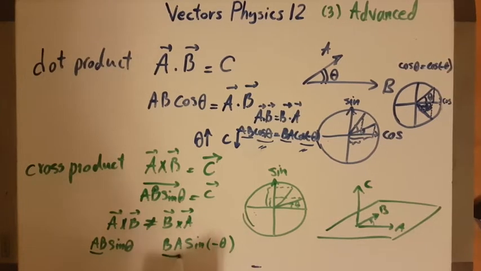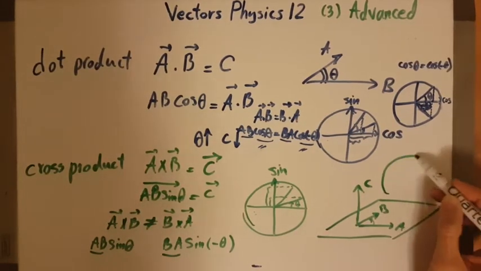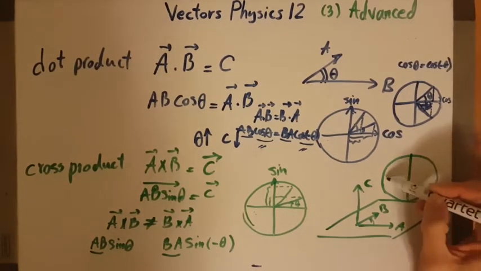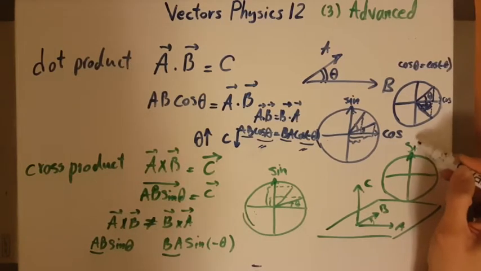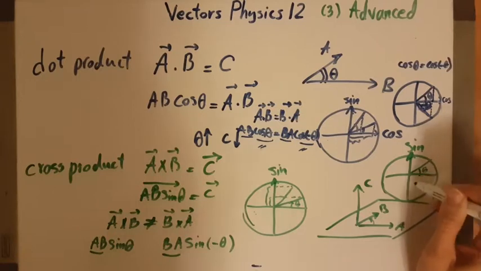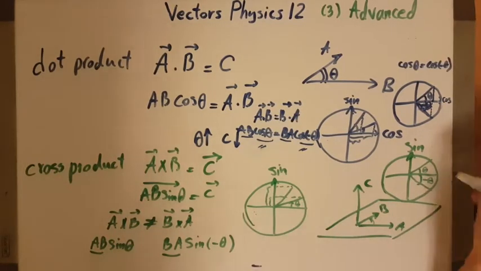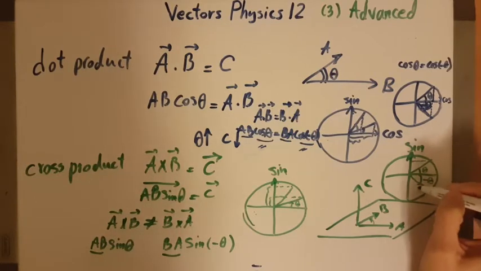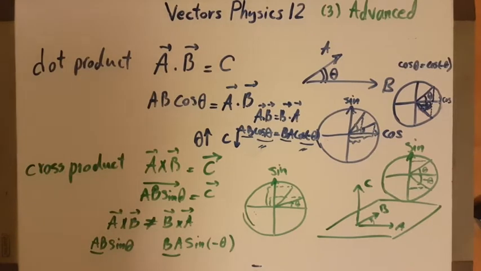This part is equal because these are numbers and you can always change the order of multiplication. However, this part is not equal because, remember your unit circle again, when you are dealing with the sine, if this is theta and this is negative theta, the signs are different. They are equal in magnitude, but different in sign.